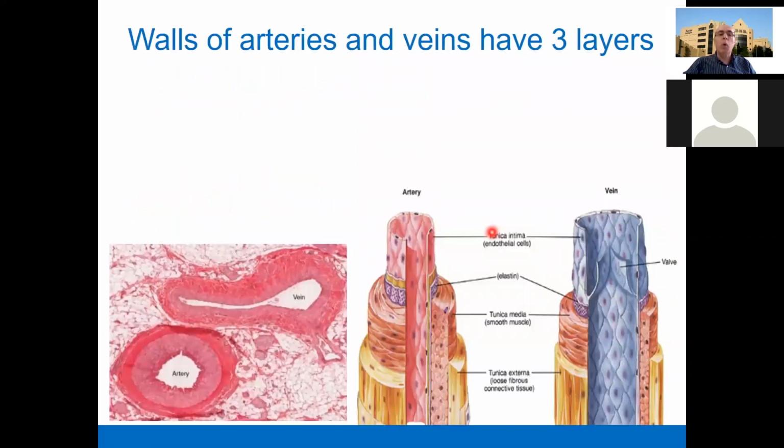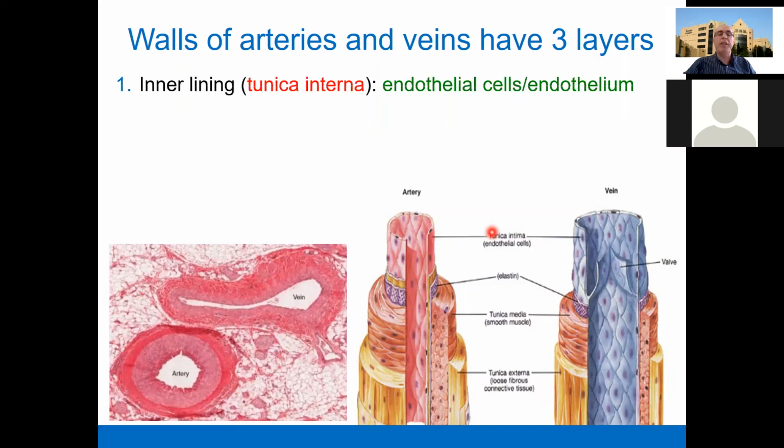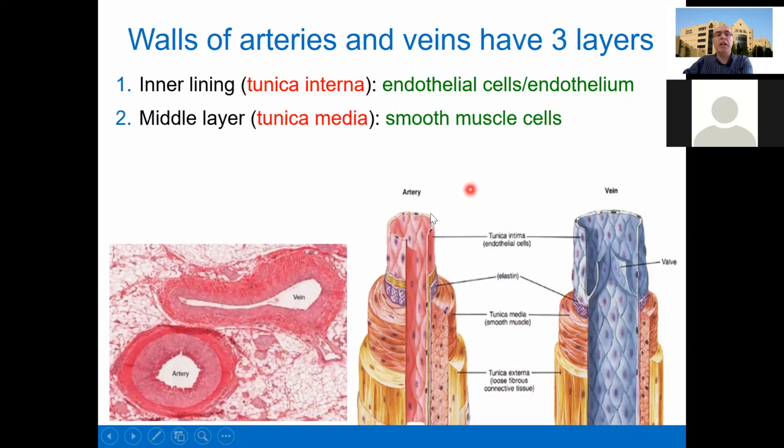Okay, the walls of arteries and veins have three layers, as we see here: the inner lining or tunica interna, which is endothelial cells, we also call endothelium, and the second layer is the middle layer or tunica media, which is made up of smooth muscle cells.